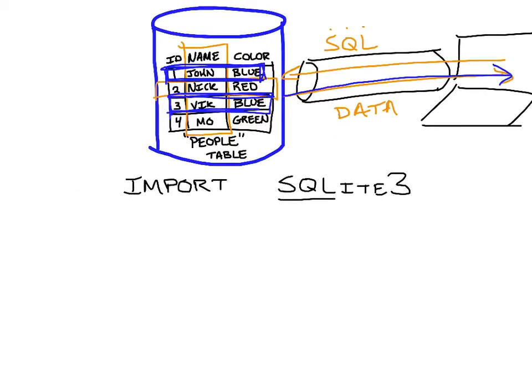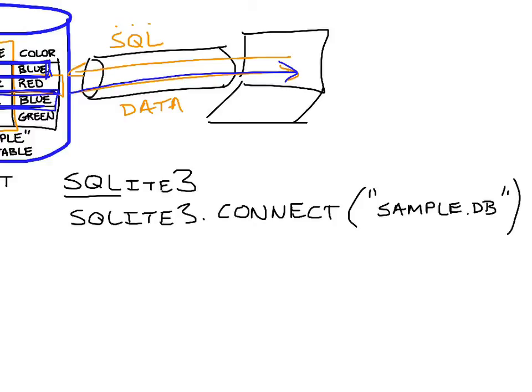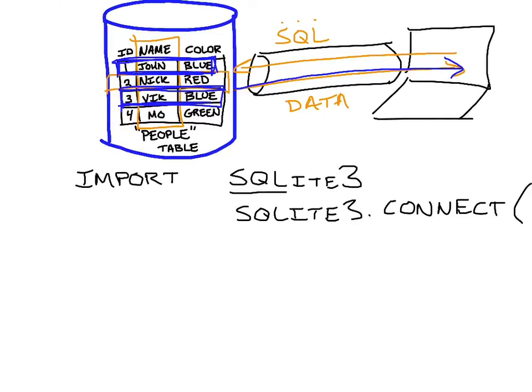So we say sqlite3.connect, and because SQLite is just a file-based database, we can give it just a file name. So we can say sample.db, and in return for that, we get a database connection. So we'll label that variable dbcon, and with that connection, we can execute SQL queries.